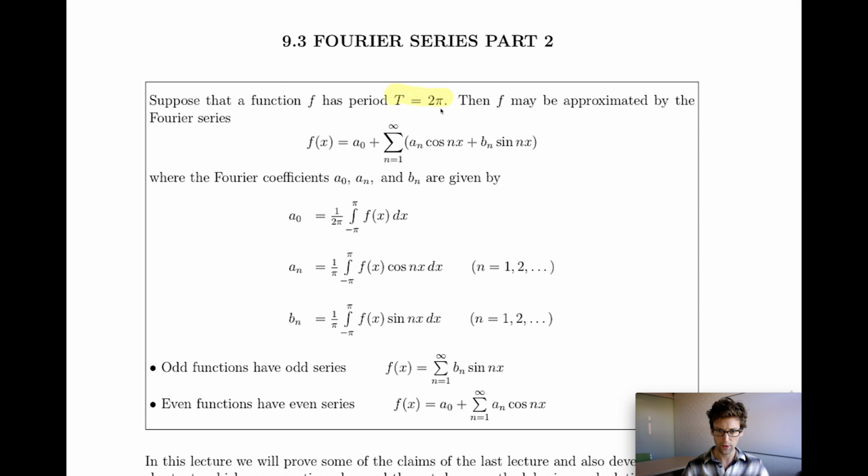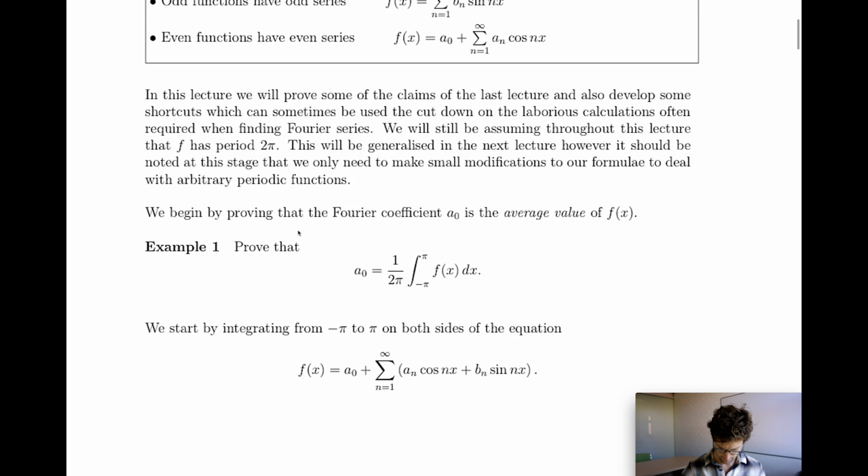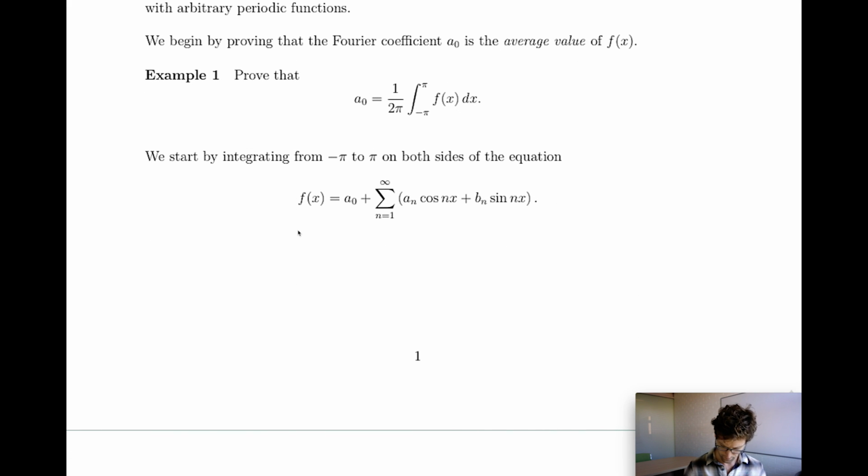So let's start off with a0. As we're going to see, a0 has the interpretation of just being the average value of my function f of x. So we want to prove that this formula is the one that's appropriate. And we're going to start off by expressing our Fourier series here.